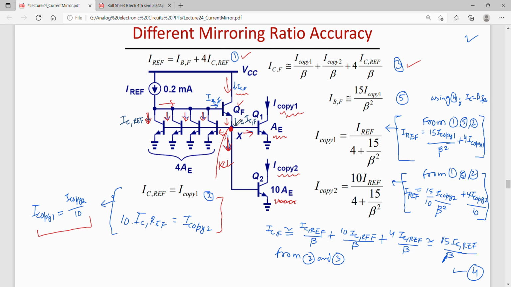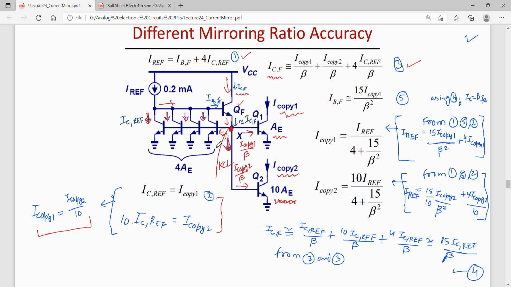ICF, or IEF, is equal to the current going into this, I copy 1 by beta, current going into this is I copy 2 by beta.